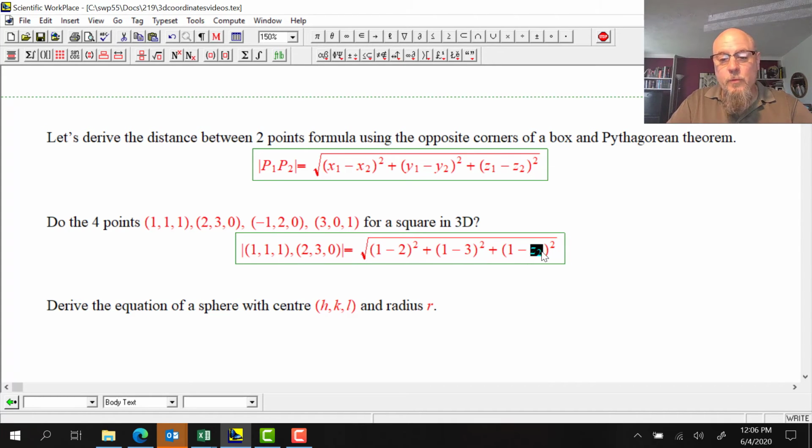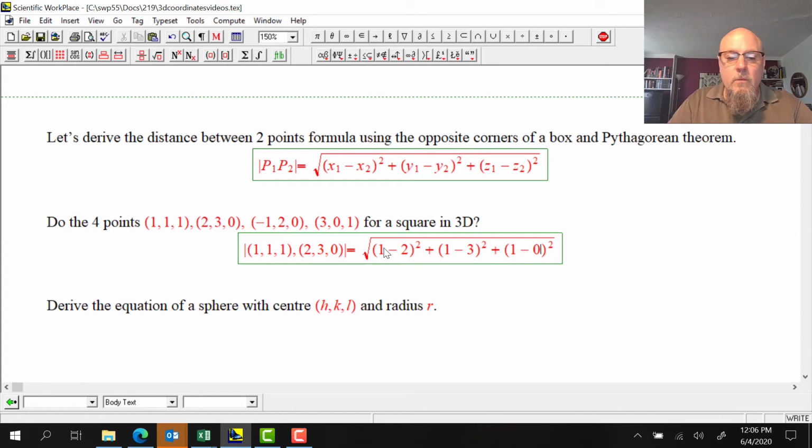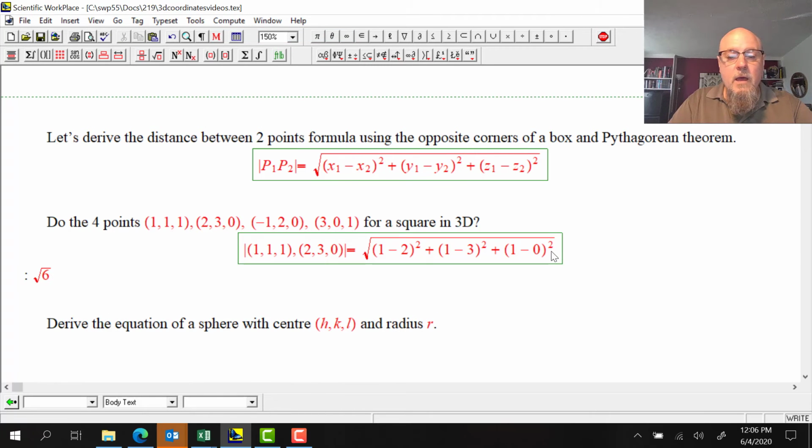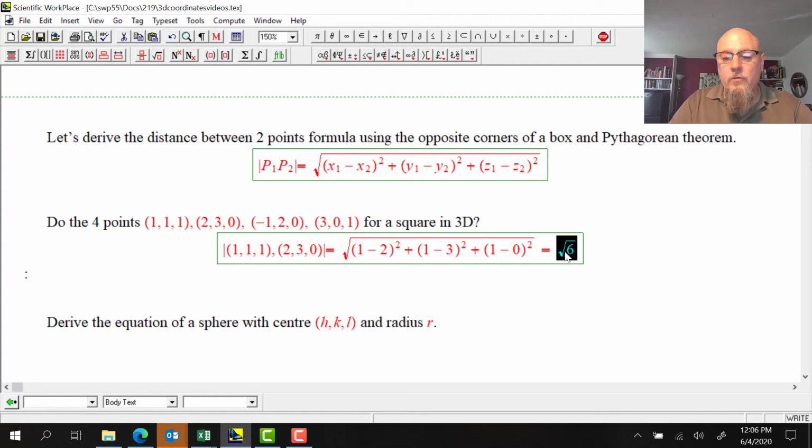Of course, it doesn't matter which one I call point 1 and which one I call point 2. So working this out, this is going to be minus 1 squared, or 1, minus 2 squared, or 4. Let's simplify this: root 6. So the distance between those 2 points is root 6.